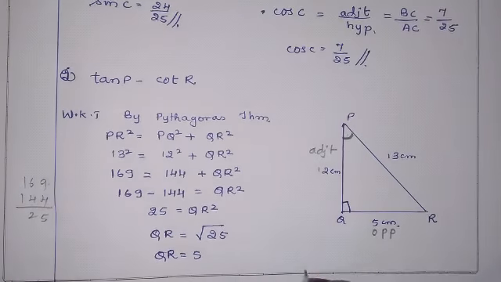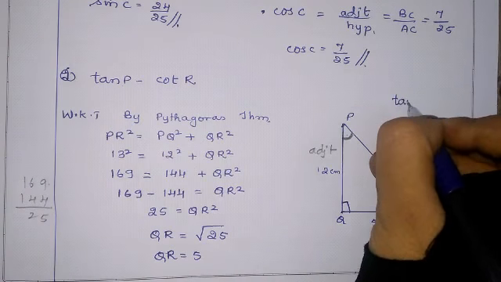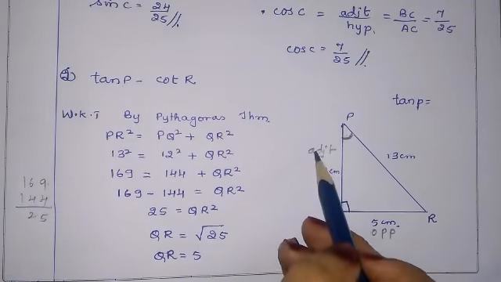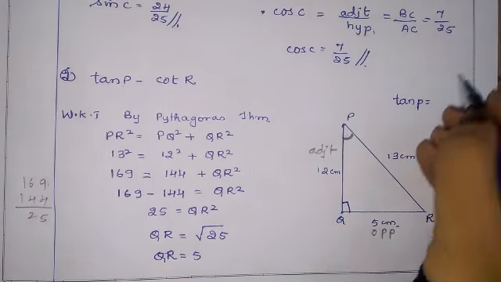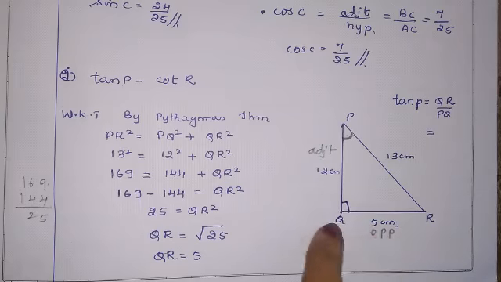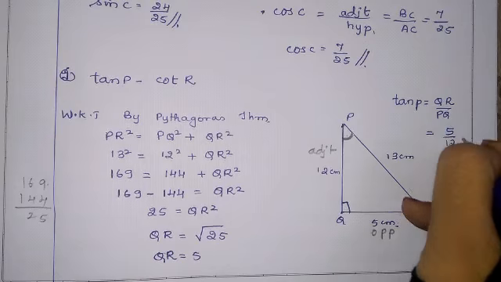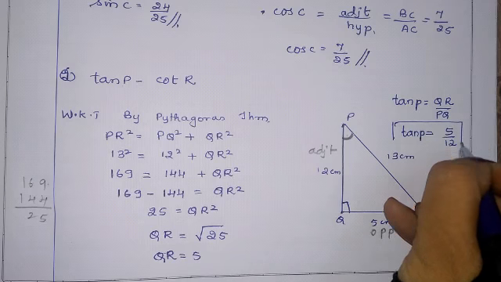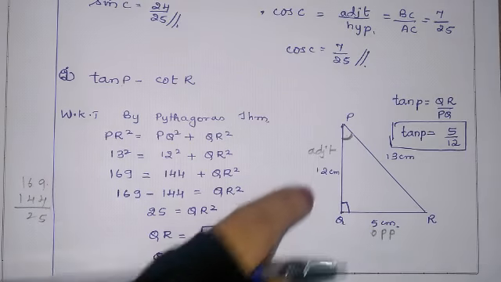Tan is nothing but opposite upon adjacent, that is QR upon PQ, which is nothing but 5 upon 12. This is tan P, opposite upon adjacent.